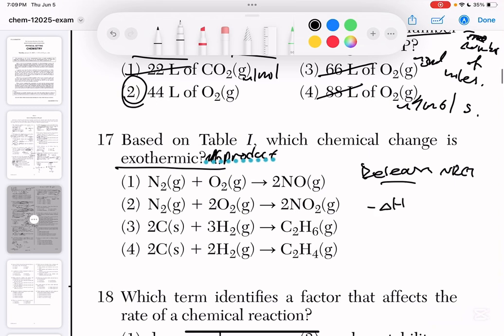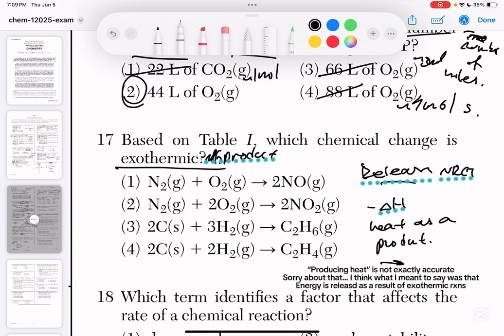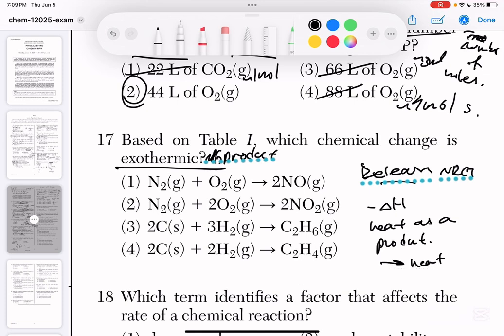So it would have a negative delta H, heat as a product, because the reaction produces heat, which is releasing energy. For this one, the delta H is minus 84, and for all the others, they are positive. So for example, the first one has a delta H of positive 66.4. So that would be endothermic.